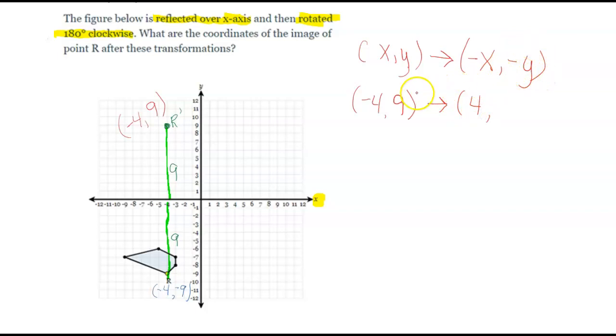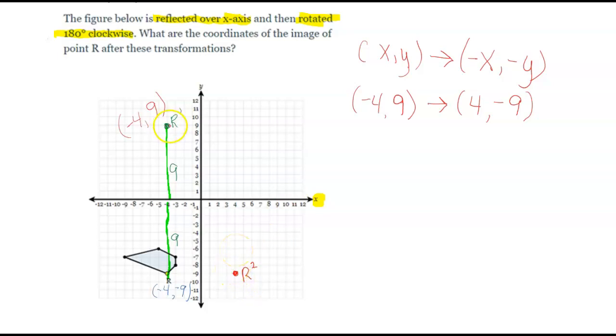And then the opposite of y is currently 9, so its opposite would be -9. Okay, so then my second transformation, this rotated 180 degrees, is going to be at 4, -9. Over 4, down 9, plot the point. This is my second transformation. Okay, so that's where the second point ends up.